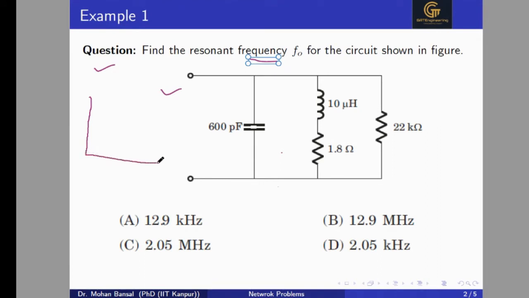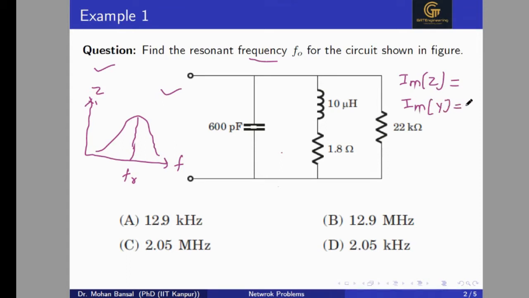If I draw a diagram of the resonance, this is the frequency axis, this is the impedance, and if it is plotted like a Gaussian bell curve, the center point is the resonance frequency omega r, or in terms of hertz we can write it as f r. This resonance frequency occurs when the imaginary part of the impedance, or of the admittance, is equal to 0.